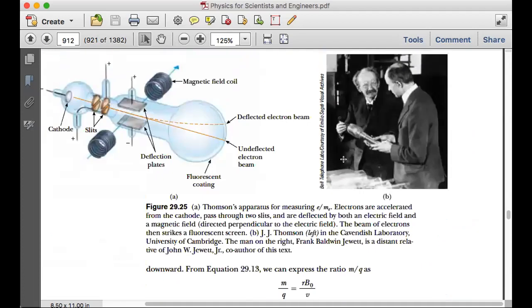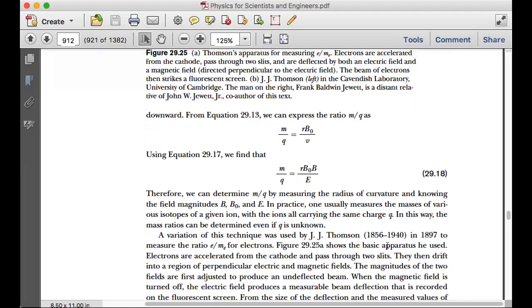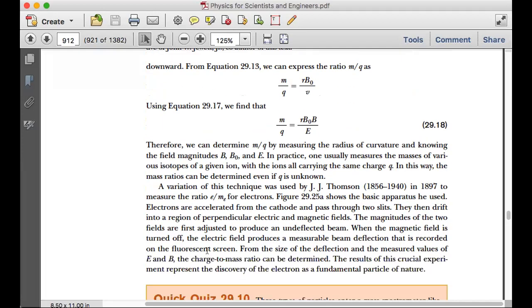This relation was found by Joseph Thomson, a British physicist, maybe around the 18th century. He measured the ratio e over me, where e is the unit charge of the electron and me is the mass of the electron. Joseph Thomson was awarded a Nobel Prize, I think around 1910 or 1920, I forgot.